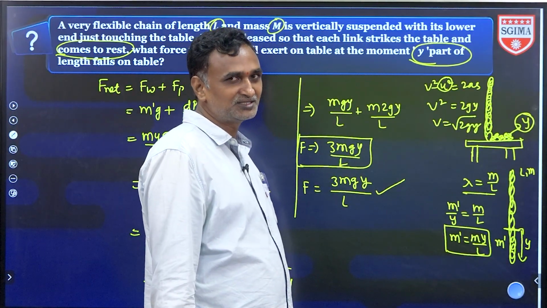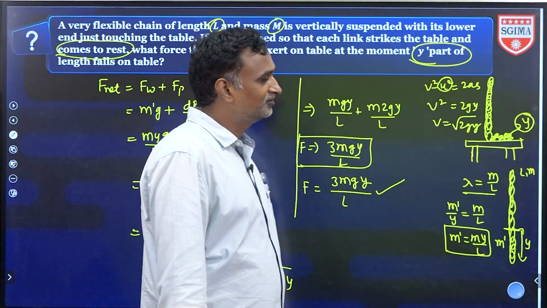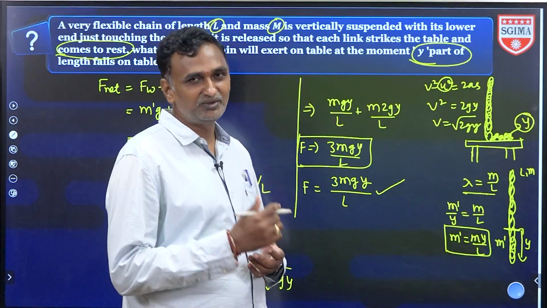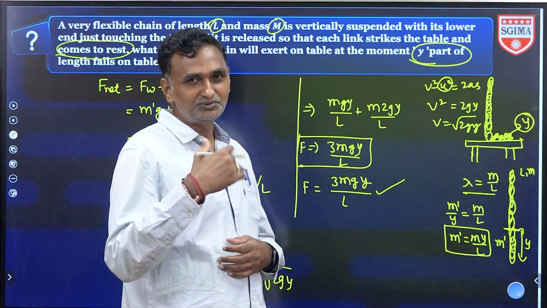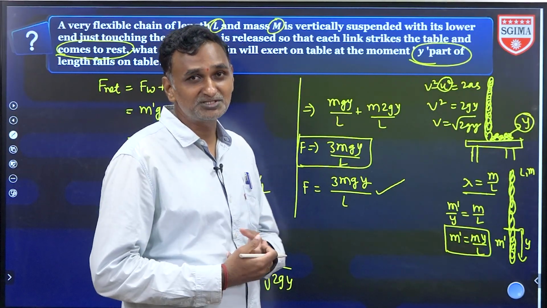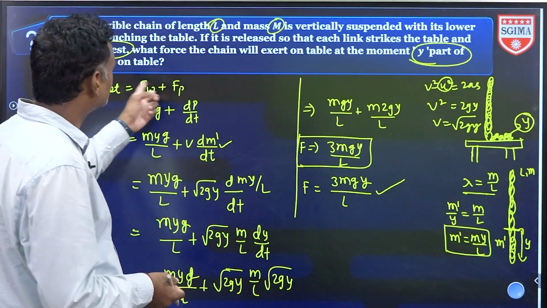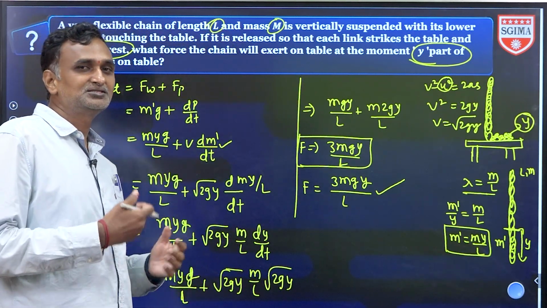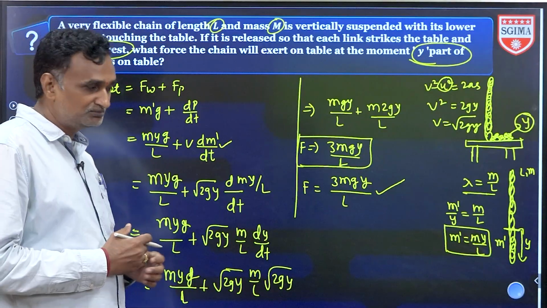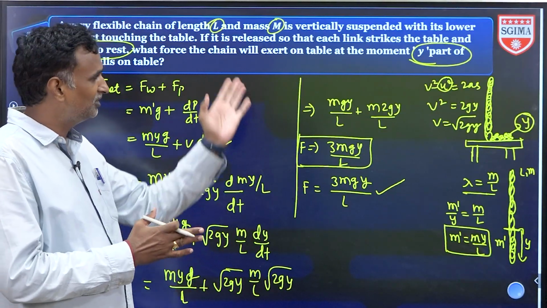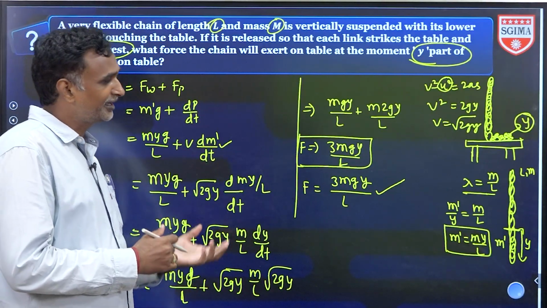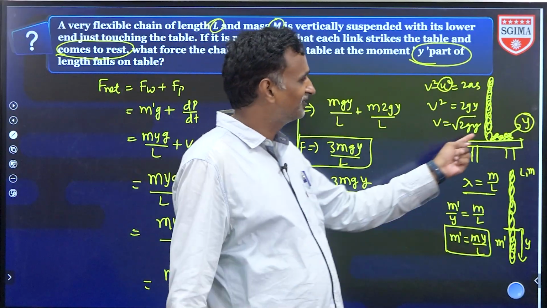The same concept we can take. The force exerted by the chain will be of two types: one is due to weight, another is due to change in momentum. But the total chain is not falling on the table, only up to some time they are asking.